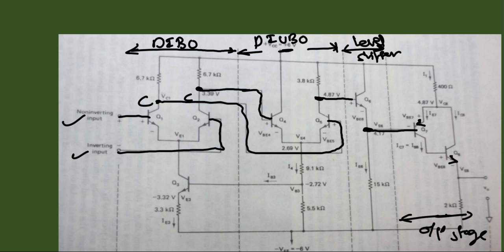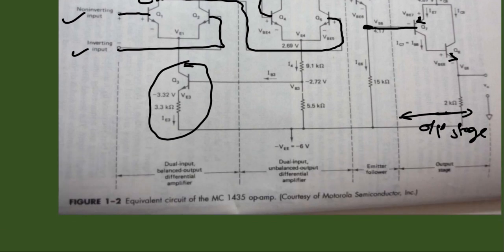Now here in place of resistance RE, we have used this circuit. This circuit will ensure that the DC operating points are more stable. So this is the op-amp IC MC1435. MC indicates it is manufactured by the Motorola company.